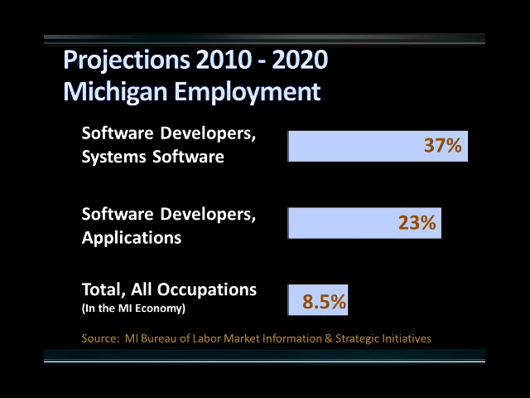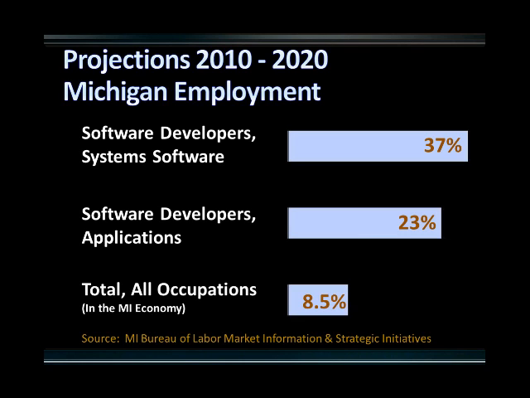In terms of Michigan, the job outlook for that same time period is projecting that software developers, system software, will grow by 37%. Software developers, applications, will grow by 23%. And the total for all occupations in the Michigan economy is projected to grow by 8.5%.